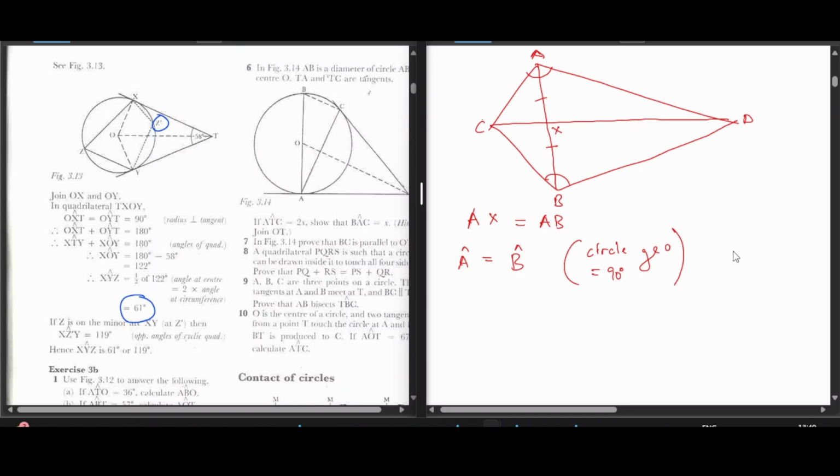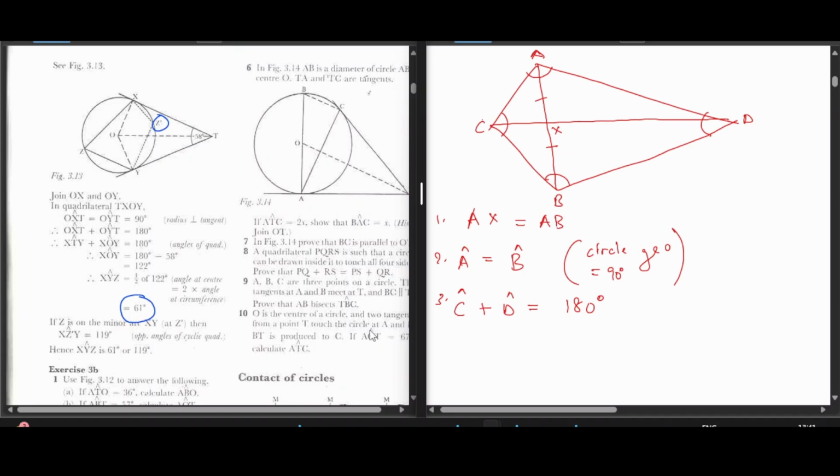But if you are just doing a kite somewhere, it's not obvious that it's 90 degrees. Then the angles at C and D, when we add them, should give us 180 degrees. So those are the 3 properties you must know about a kite.